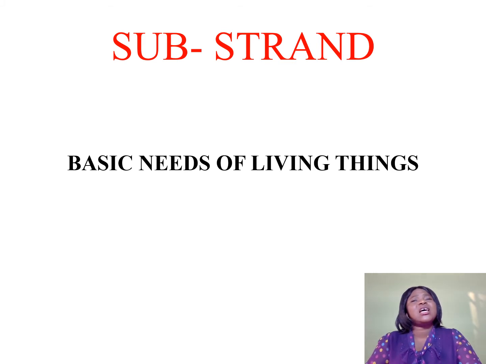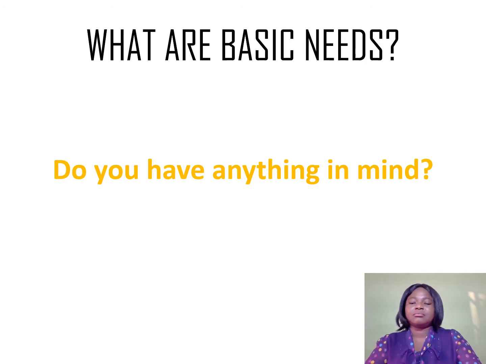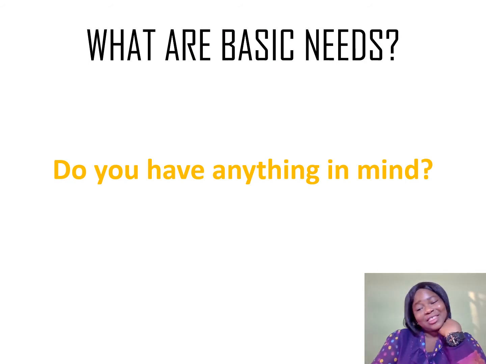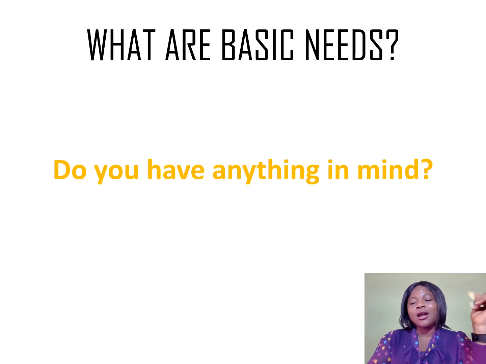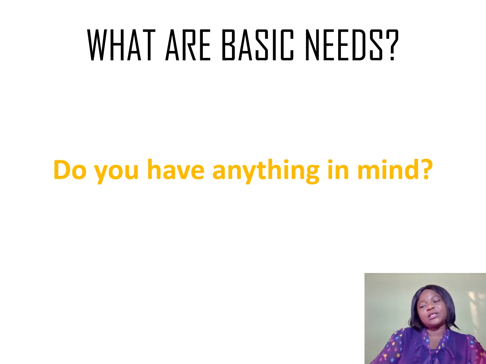So what are some of the things that animals need, trees need, and human beings as well also need? So let's be thinking about this. What are basic needs? Do you have anything in mind? Let's go to our next slide as we are thinking about it.